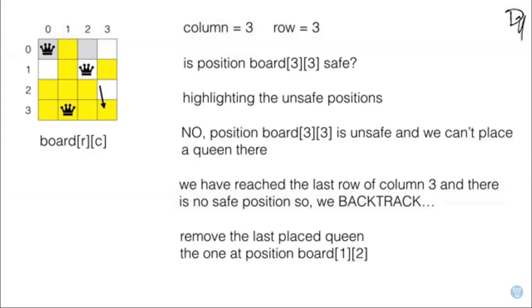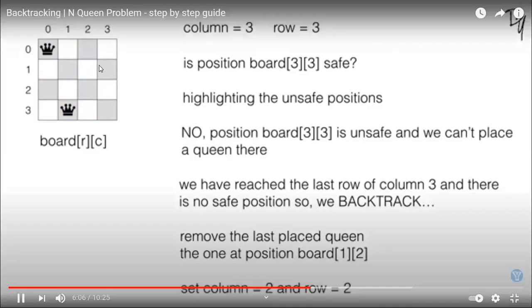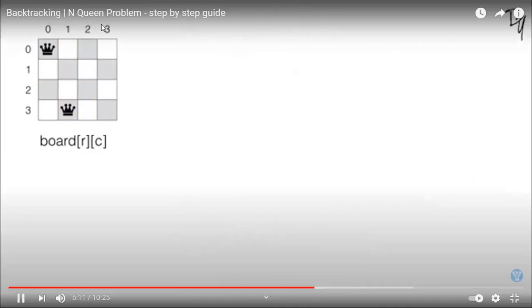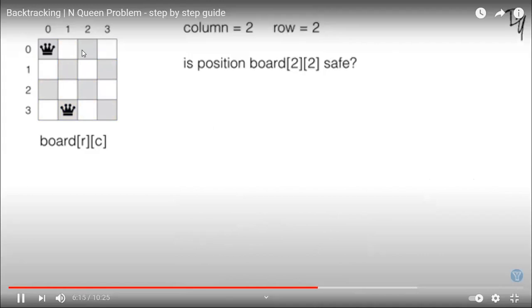That's why we will remove the last placed queen, right? So at position 1-2, from this place we have removed the queen, and we set the column. Earlier it was 3, now we set the column to 2, right? And from this position we have removed the queen. So we will check the next position, 2-2. This is the algorithm that you have to remember, okay?